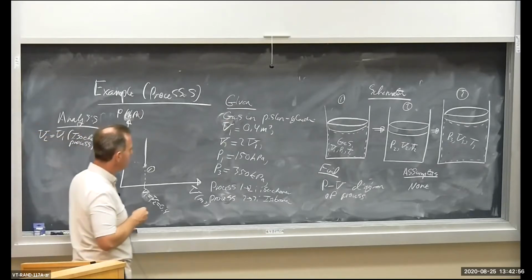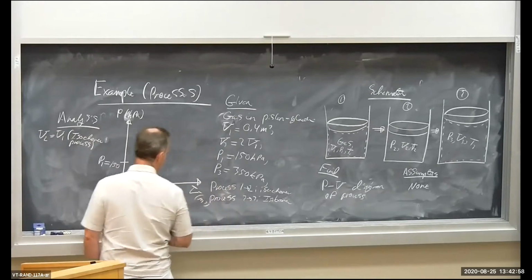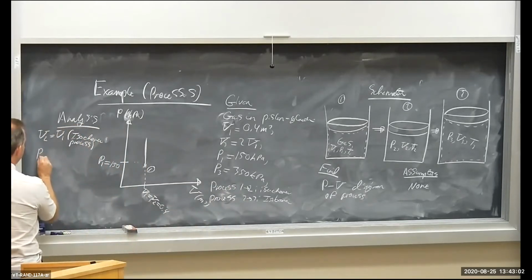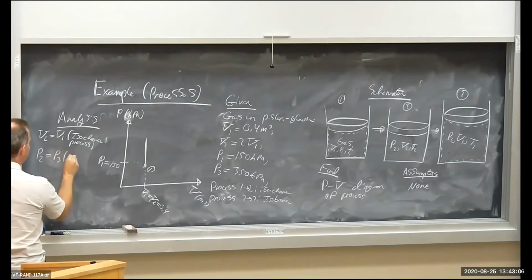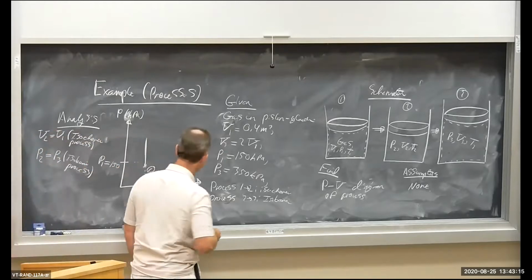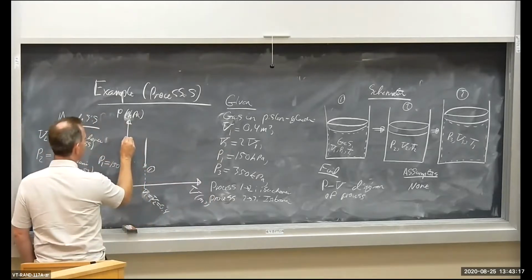Well, the answer is, note that process 2 to 3 is isobaric. So P2 is also equal to P3 because it's an isobaric process. Okay? So let's put P3 in.